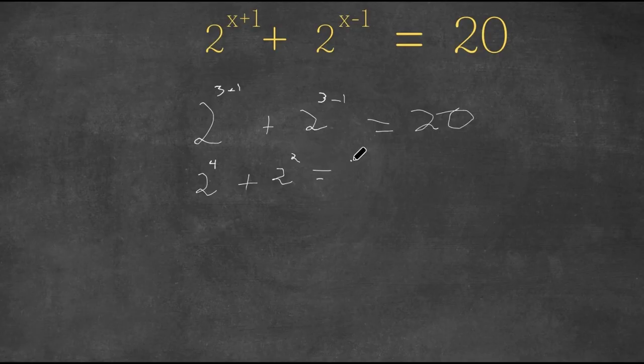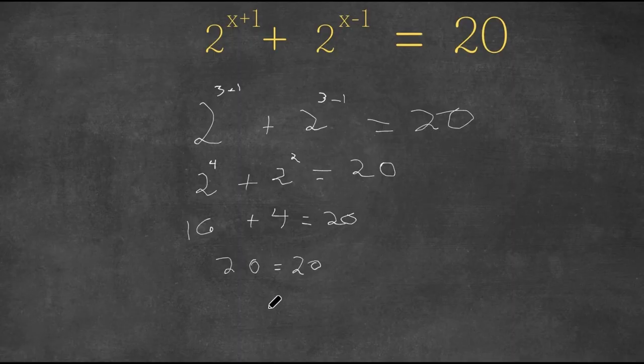And this equals 20. 2 to the power of 4 is 16 plus 2 squared is 4. So we have 16 plus 4 equals 20. And 16 plus 4 is 20, so 20 does indeed equal 20. And because this is right, we know that x equals 3.